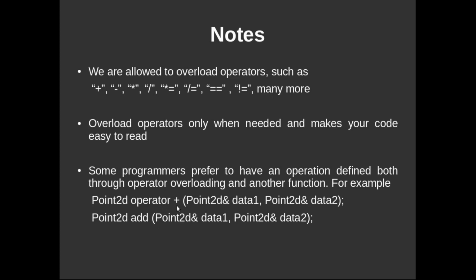At the same time, you can have a separate function called add, and that would take two 2D variables, data1 and data2, and would perform the same function, and now it's up to the user's preference which function he or she wants to invoke. So when you are designing the API for your class, you may have both these functions present there, and then it's up to the user who wants to use which function. I hope that makes sense.